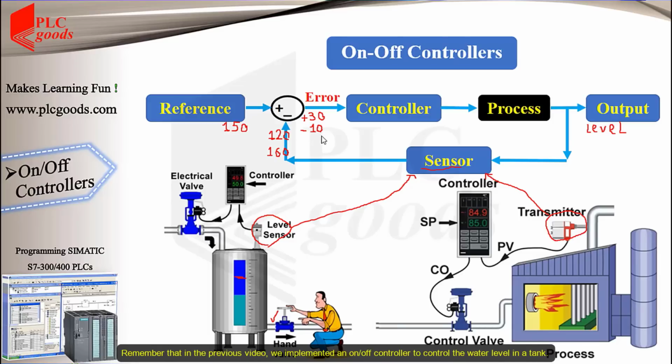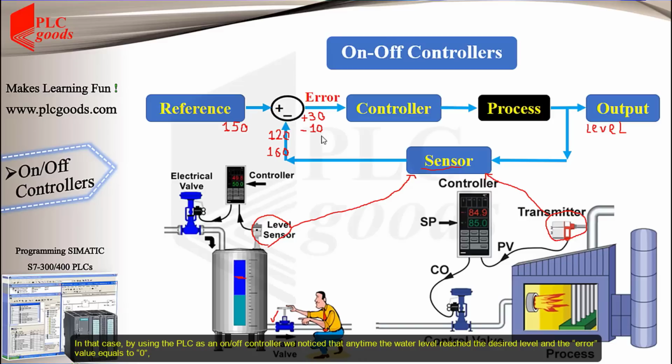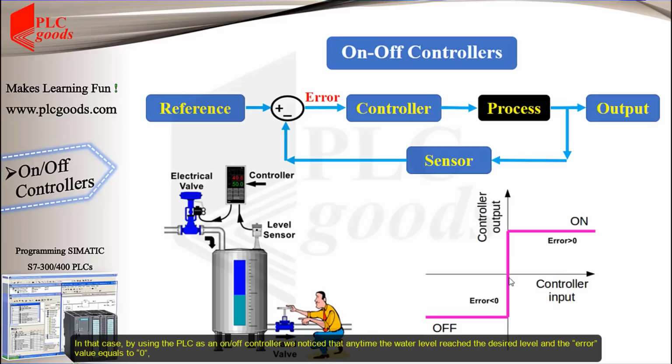Remember that in the previous video, we implemented an on-off controller to control the water level in a tank. In that case, by using the PLC as an on-off controller, we noticed that anytime the water level reached the desired level and the error value was equal to 0, because of some fluctuation in the water level, the PLC started turning the inlet valve on and off continuously, which increased the fluctuation.